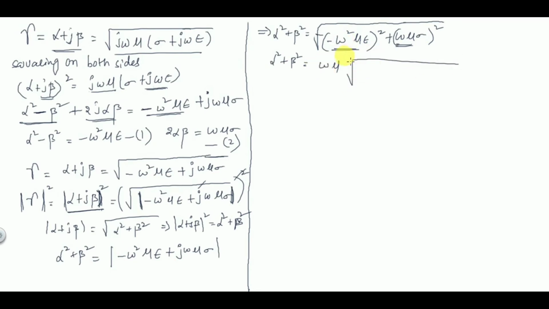When omega square came outside the root it becomes omega, mu square also came outside it becomes mu, so what is left over inside is epsilon square only, for the first term.